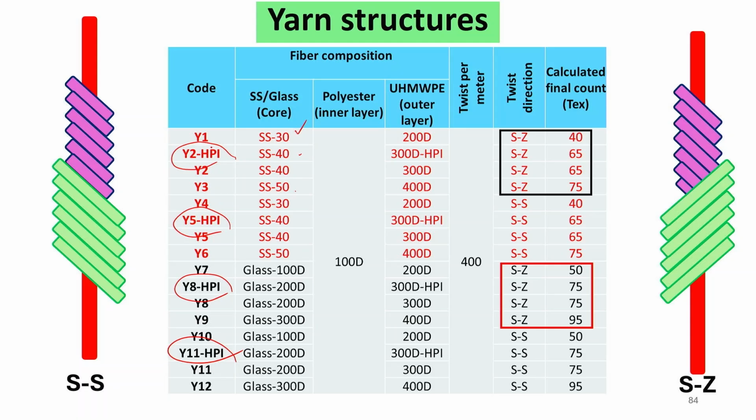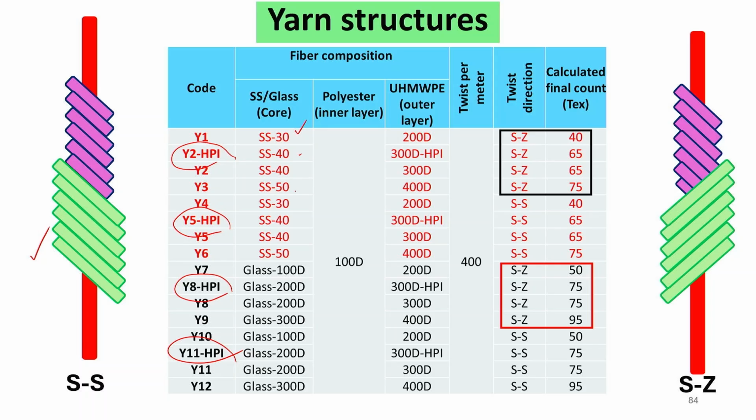So, there are different types of high performance polyethylenes used here. Y 2 HPI means high performance hard particle impregnated, and Y 2 is simply without hard particle impregnation.